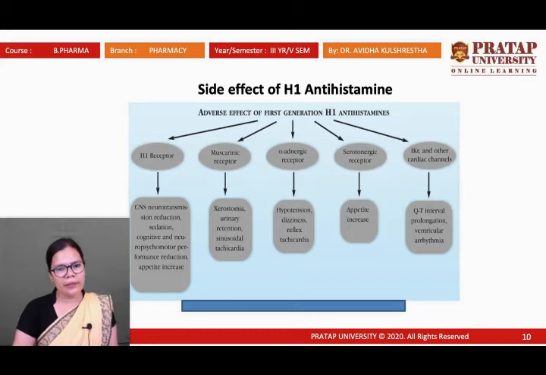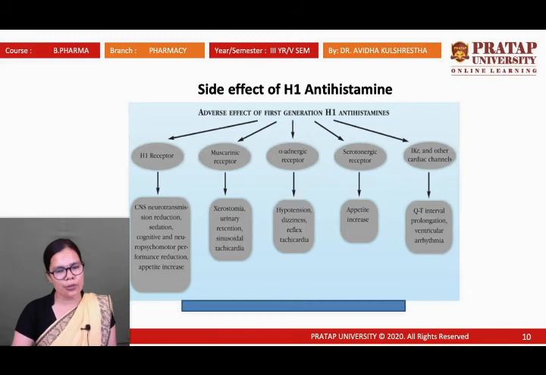Blocking muscarinic receptors generates some urinary tract problems, and blocking alpha adrenergic receptors generates dizziness, tachycardia and some hypotension. Blocking serotonergic receptors creates increased appetite.